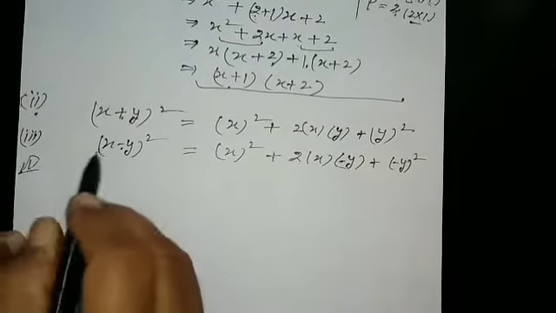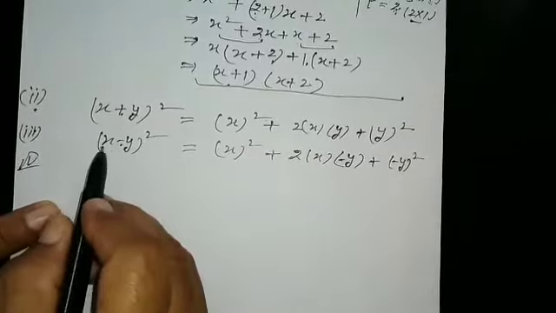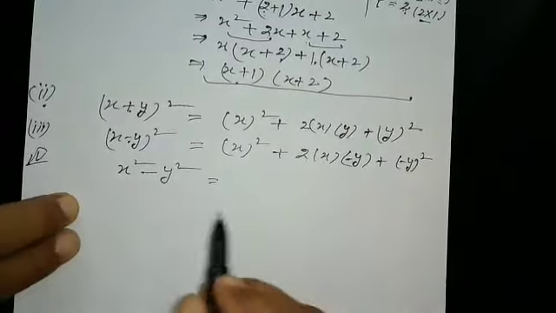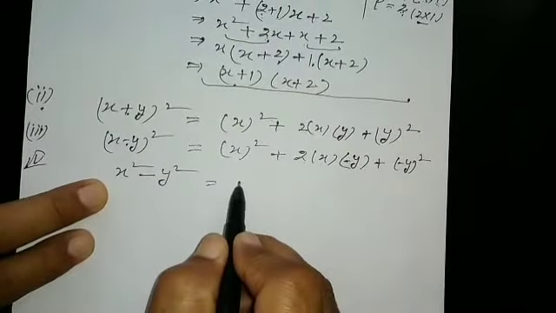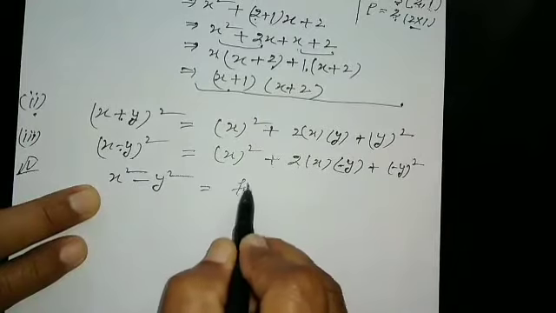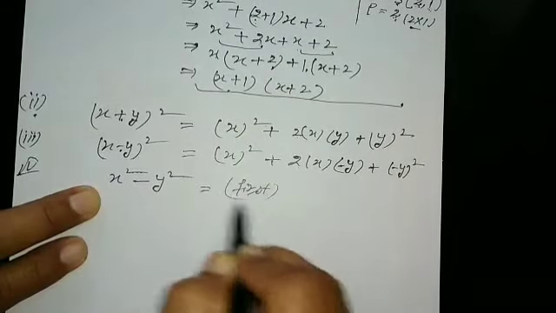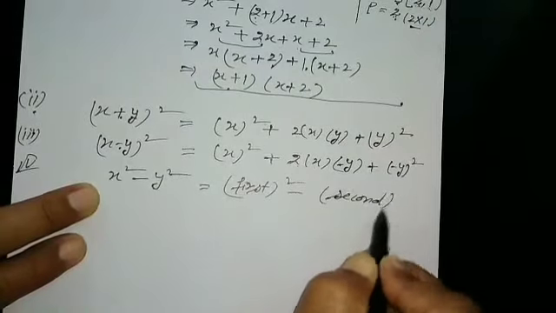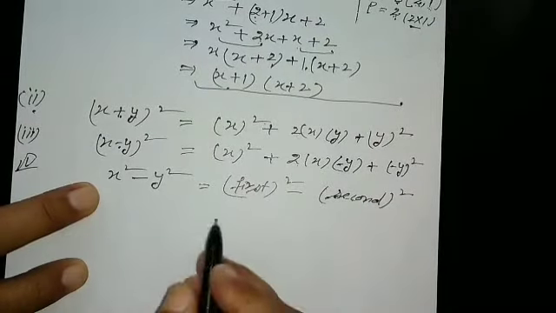Now the fourth identity, which is also very important, you can write here as square of first, right? I will write here as first square and second, this is also square, right?